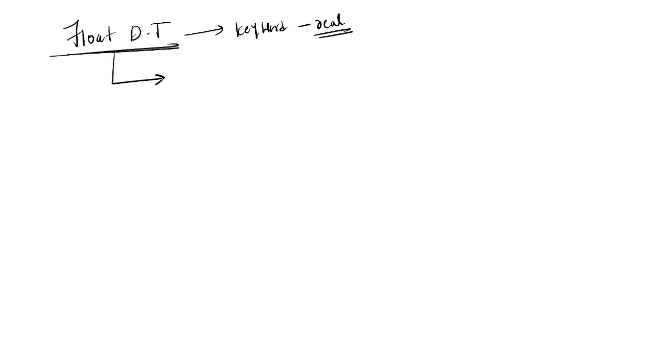And next is the float data type. The keyword we are using is real. This float data type is used for storing fractional values.